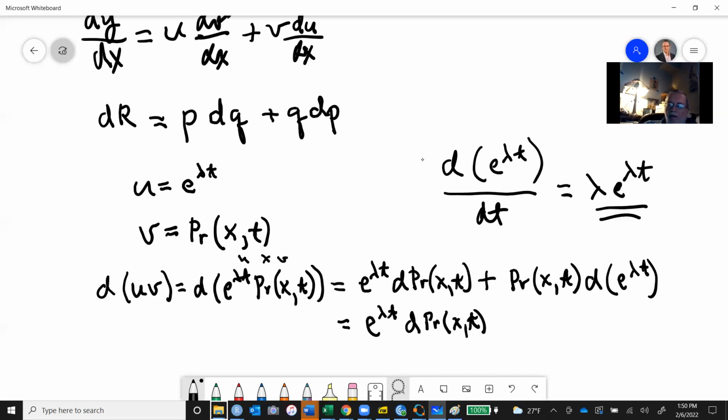It's one contribution to the total change, plus the probability of x at t times lambda e to the lambda t. In this case, it's dt. We also need dt over here as well, because this whole thing was divided by dt. I should have put that up here.